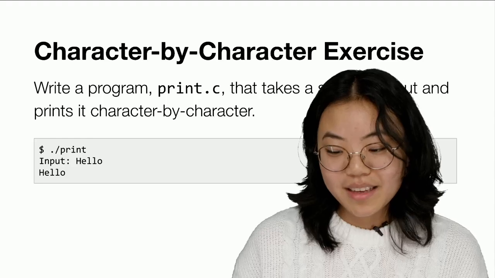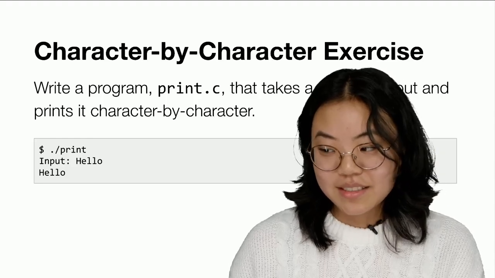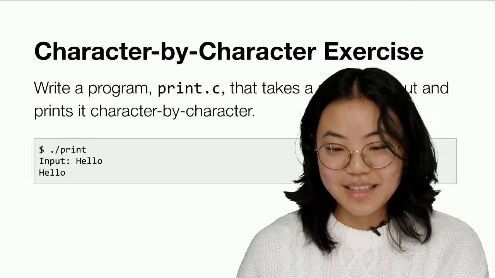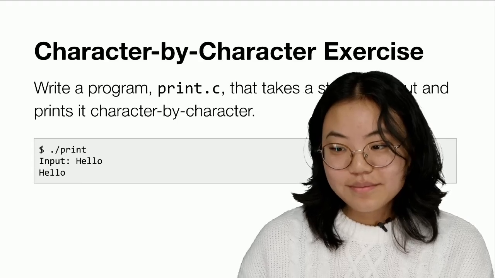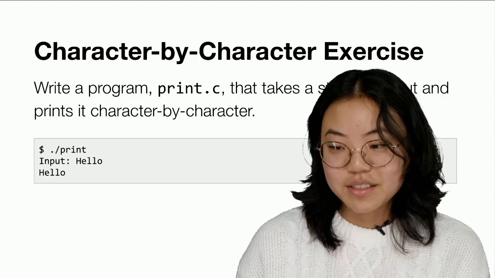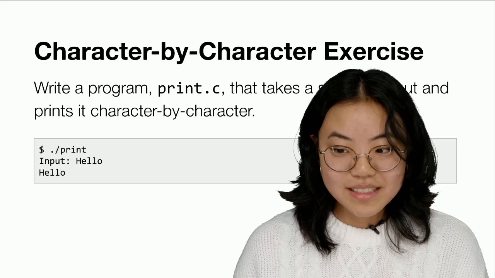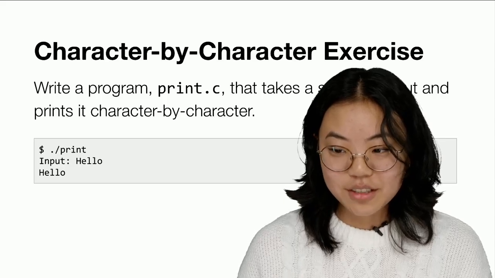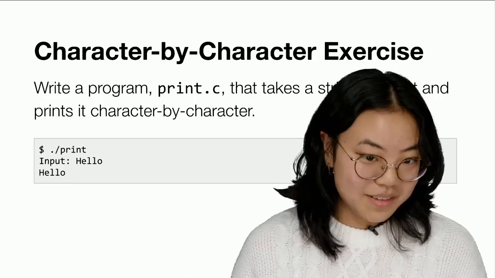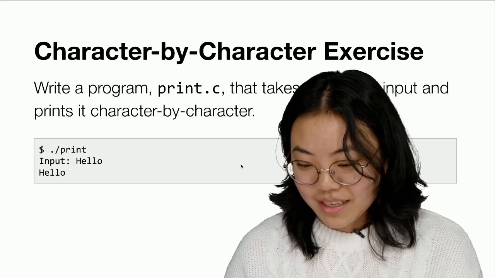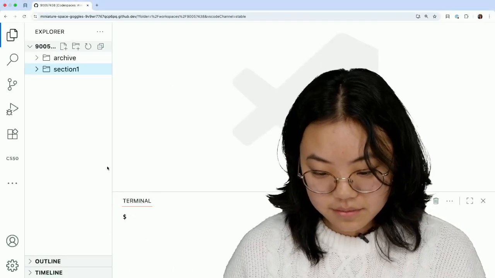So capital A on the ASCII table is equivalent to 65. And so you can do these sorts of operations where you add, say, 1 to 65 and represent that as a character, and that will be B. We're going to actually do this in a following exercise, but let's start out here.